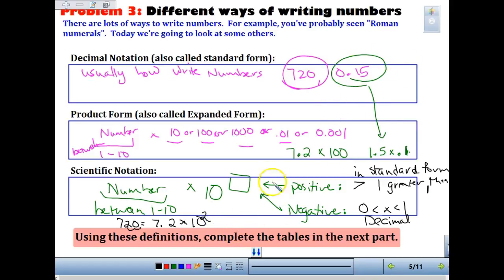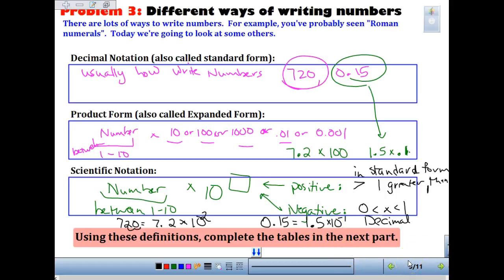On that same worksheet attached to the daily planner, page 68, put down the 0.15, and you tell me, in scientific notation, it's going to be 1.5 times 10. Well, how many places do I have to move this decimal to get it to be 0.15? I have to move it 1 place, so this will be times 10 to the negative 1.